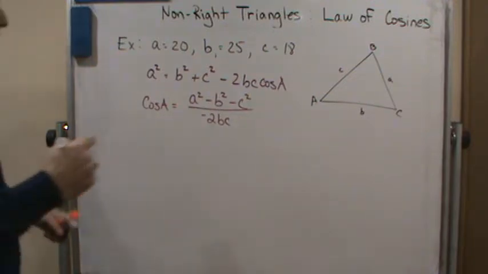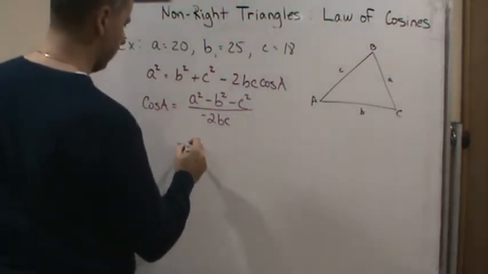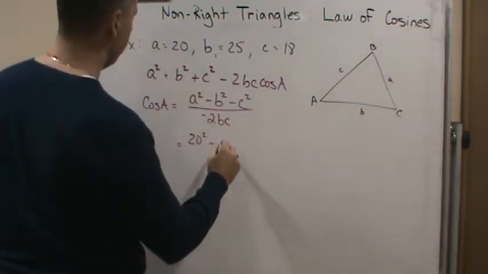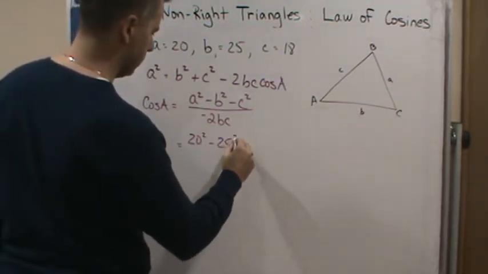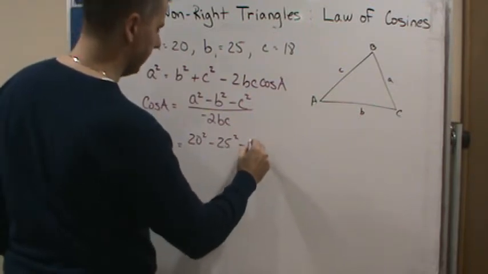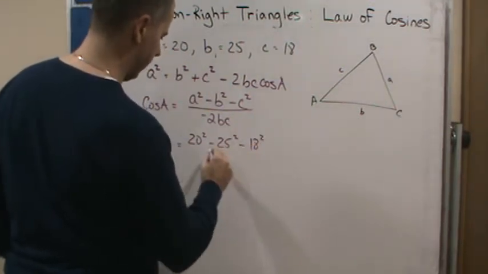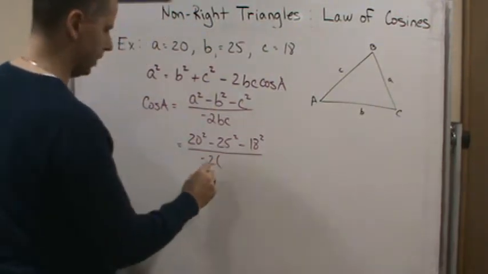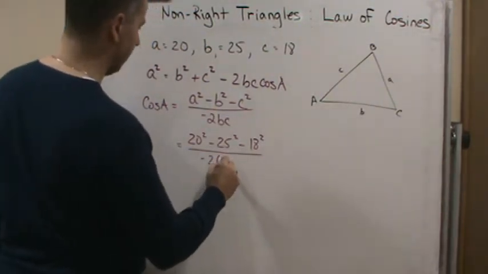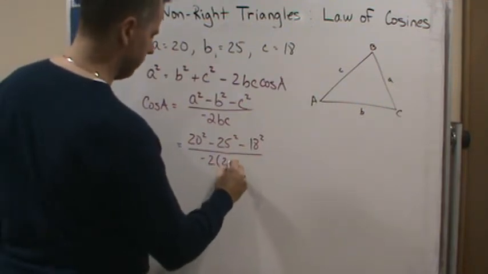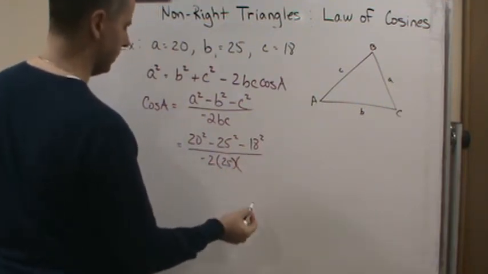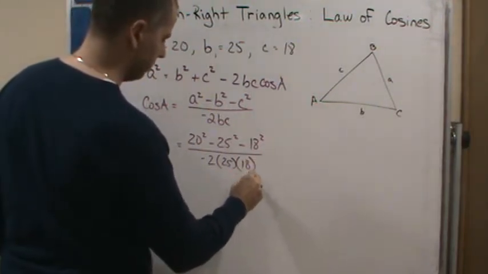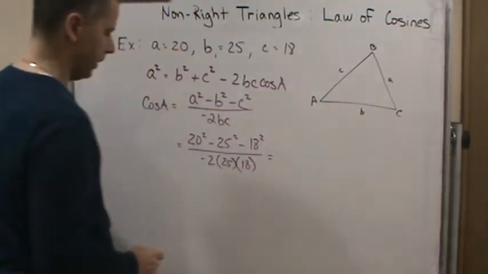And so we get 20 squared minus 25 squared minus 18 squared over negative 2 times B, which is 25, times C, which is 18. And so what does this equal?